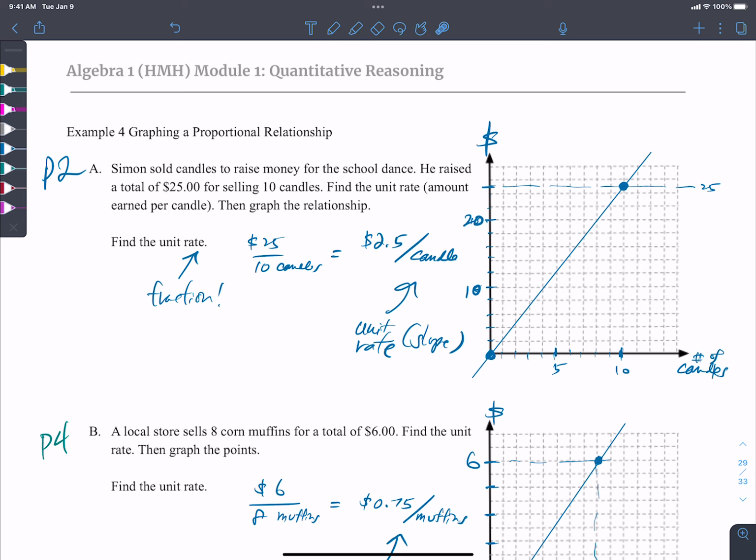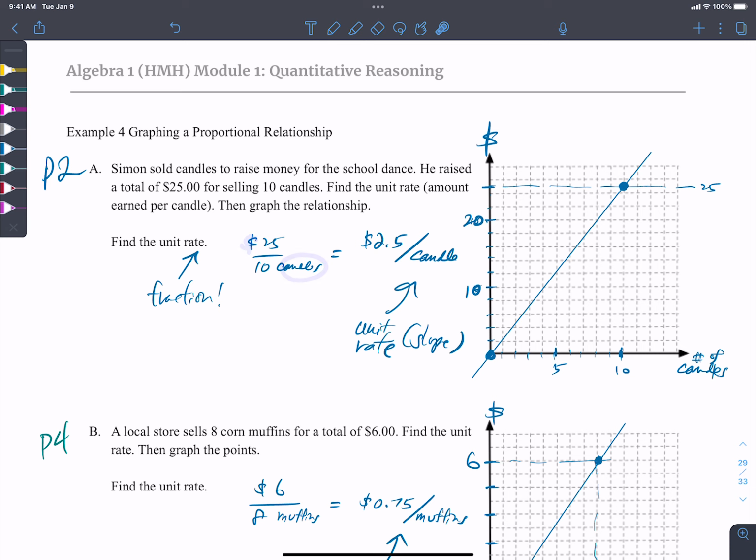So what we did in class was that Simon sold candles to raise money for the school dance. He raised a total of $25 for 10 candles. Find the rate, amount earned per candle, and then graph the relationship. Find the unit rate. So all we gotta do is amount of money earned, $25, divided by amount sold. So we have dollars per candle.